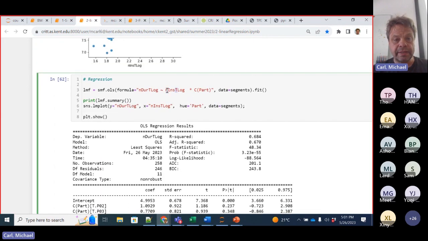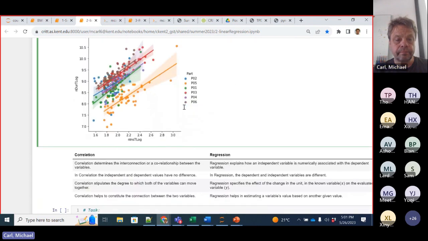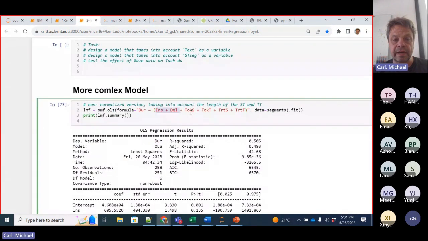Now, instead of doing this, you could also just add all these variables as predictor variables. So here nothing is normalized. We take the whole duration, the duration of the entire segment, and this will very much depend on the length of the sentence and so on. But all this is taken into account in the predictor variables. So we have the number of insertions, the number of deletions, and then the length of the source sentence and the length of the target sentence.